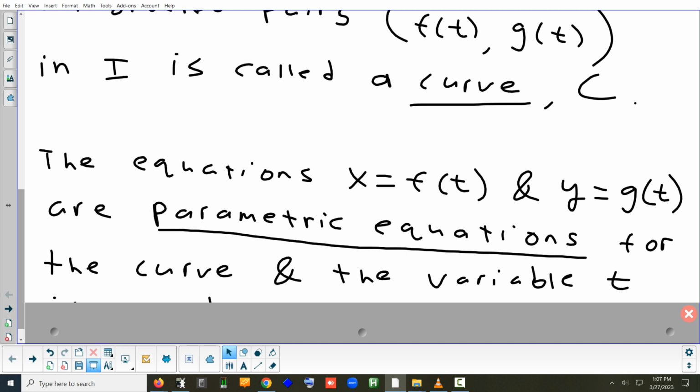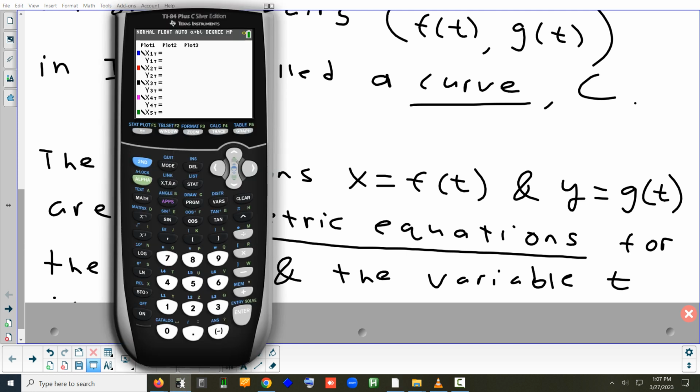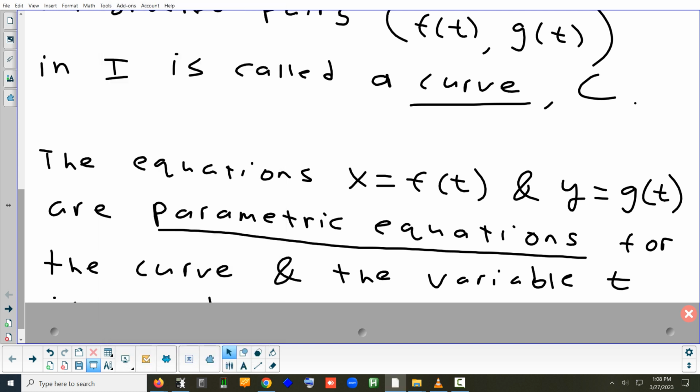T is the number that you are plugging in. Normally, x is the number you plug in. Well, in parametric, we just call it t, but it's the same idea. The other thing you'll notice is if you go to y equals and you press the button that normally gives you an x, when you press it now, it gives you a t. So t is the variable you always use when you're doing parametric.